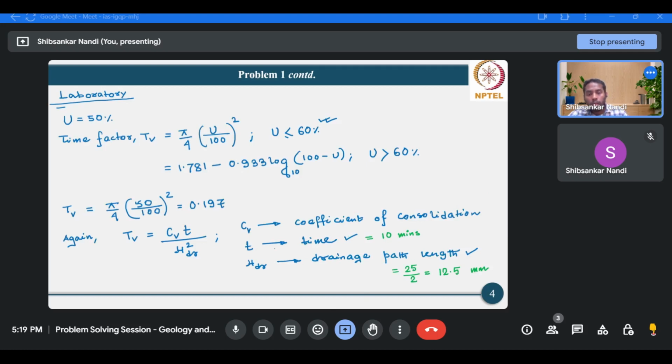So therefore we know HDR, we know T, and we know TV. So from this equation, we can calculate the value of coefficient of consolidation. So CV would be TV times HDR square divided by T. Okay, so this is the formula for the coefficient of consolidation.